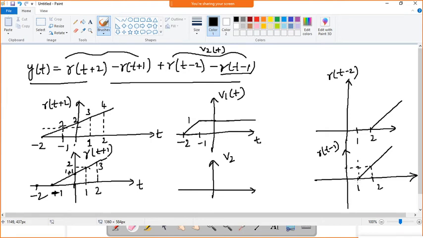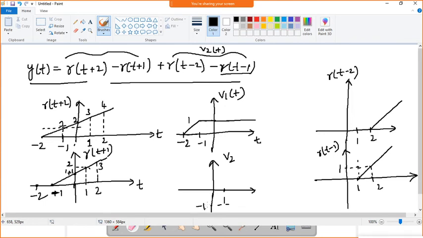So at 1 what is the value? At 1 both will be 0, so it will have 0. And at 2 it will have the amplitude 1 and the other is 0. Now at 0, here it is 1, but we need to subtract here. So 0 minus 1 becomes minus 1.